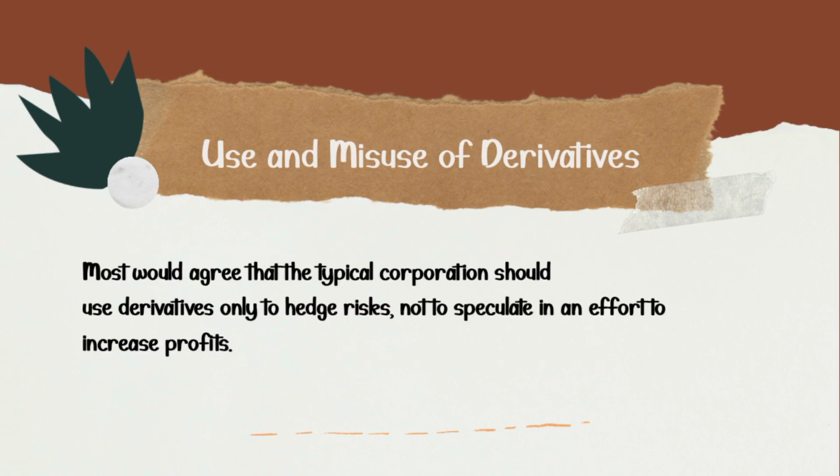So most would agree that the typical corporation should use derivatives only to hedge risk, not to speculate in an effort to increase profits. Because in the world of finance, speculation or speculative trading refers to the act of conducting a financial transaction that has substantial risk of losing value.